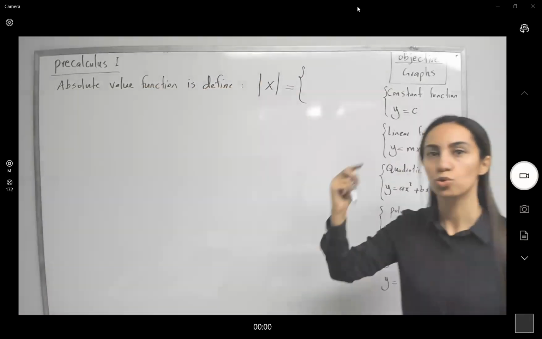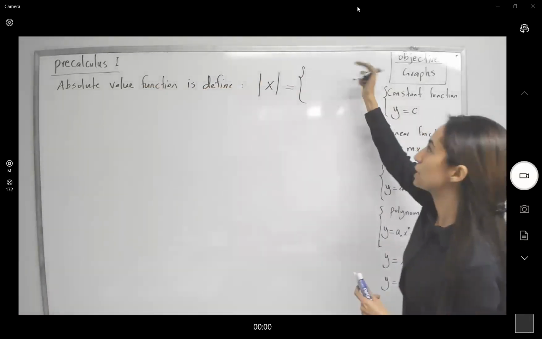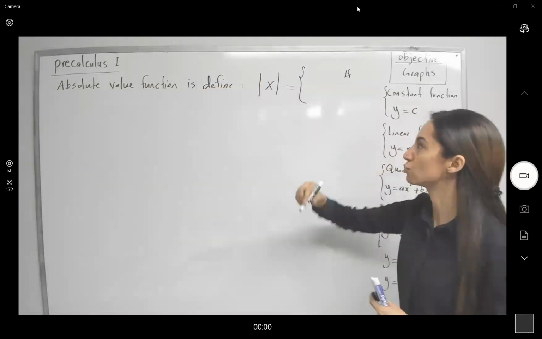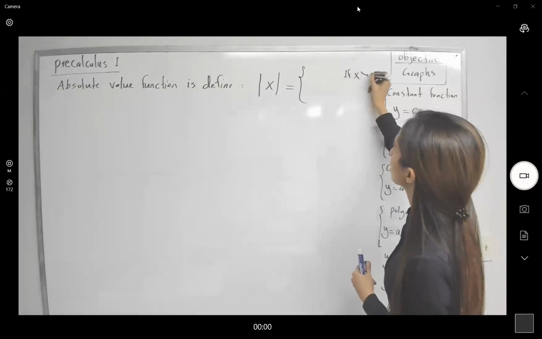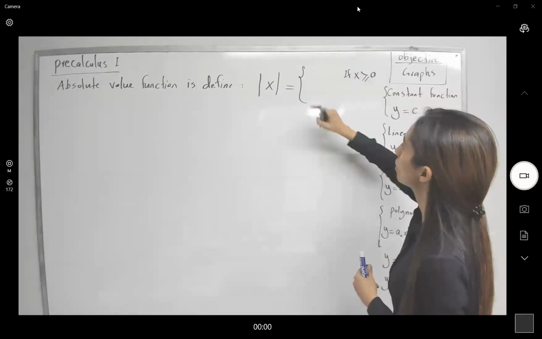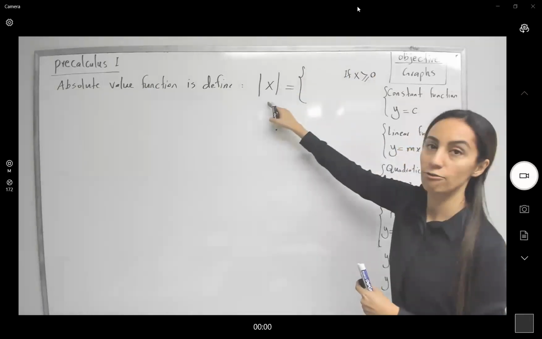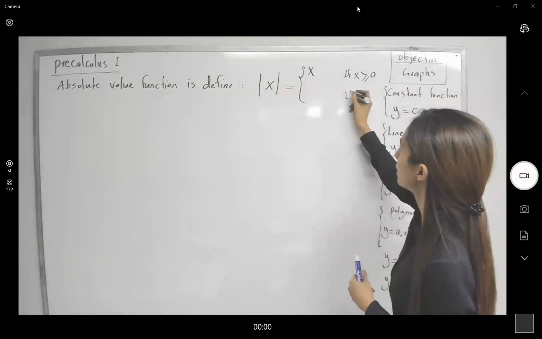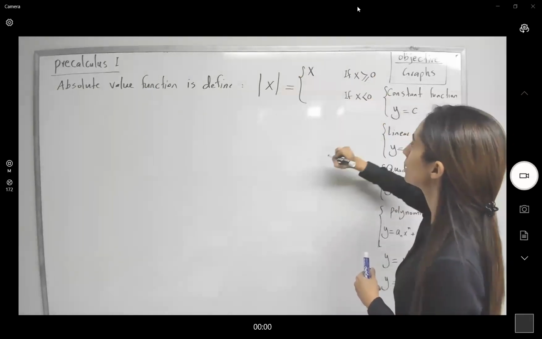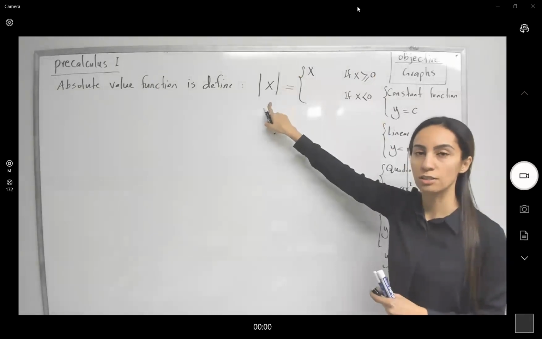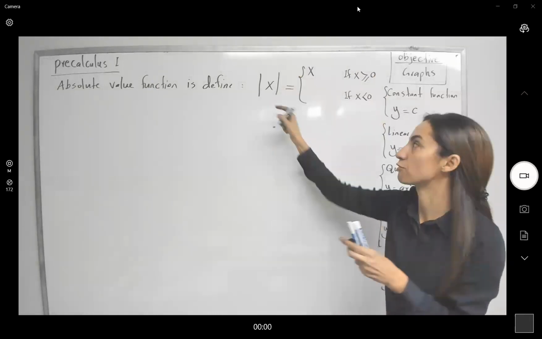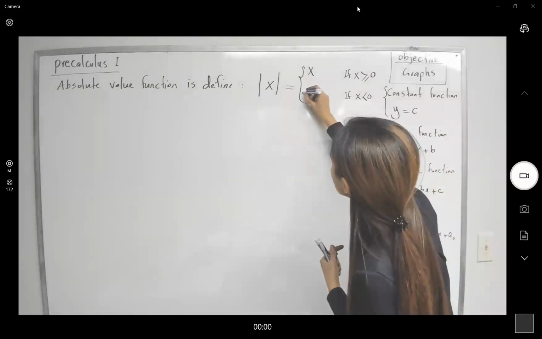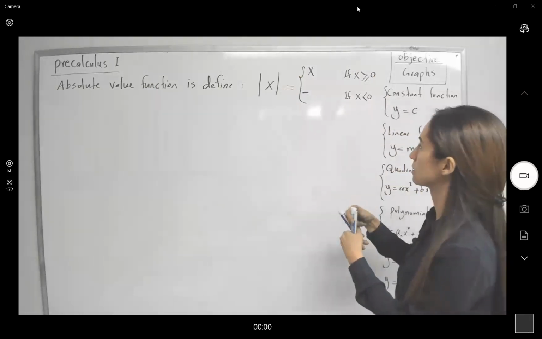It has two pieces. One piece is if this condition is true, if x is larger than or equal to 0, then the y value of the function is equal to x. If x is negative, then the y value of the function has a negative sign in front of it times x. So I'm going to use a different color to highlight this for you. Negative times x.